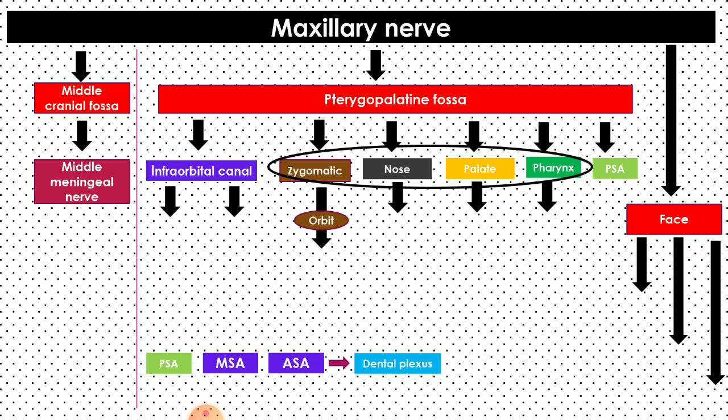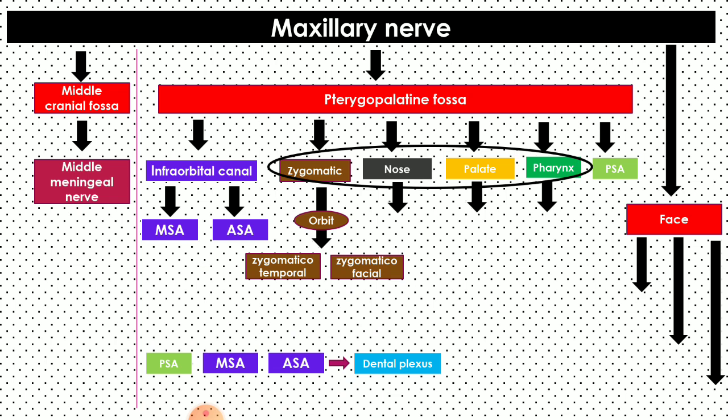Now when the maxillary nerve enters the infraorbital canal, it gives off two further branches as we have studied. One is MSA, that is middle superior alveolar nerve, and second is ASA, that is anterior superior alveolar nerve. Then the zygomatic nerve enters the orbit, and in the orbit it again gives off two branches, zygomatico-temporal and zygomatico-facial nerve.